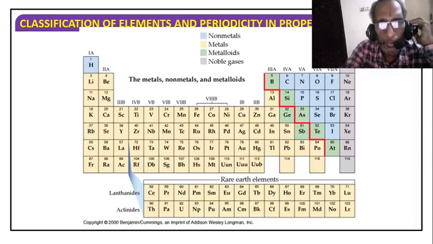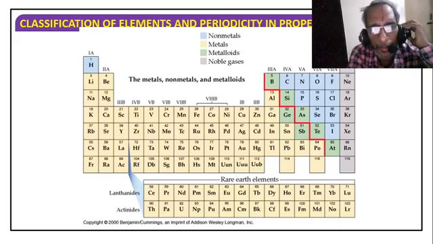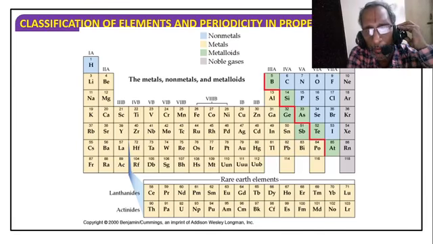So once again we have seen non-metals, metals, metalloids. They are given different colors. Yellow colored species are metals. Sky blue colored species are non-metals. Pale green colored species, I have told, are only arsenic and antimony.